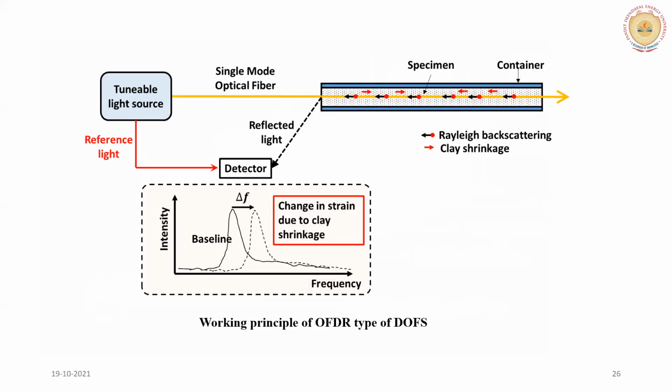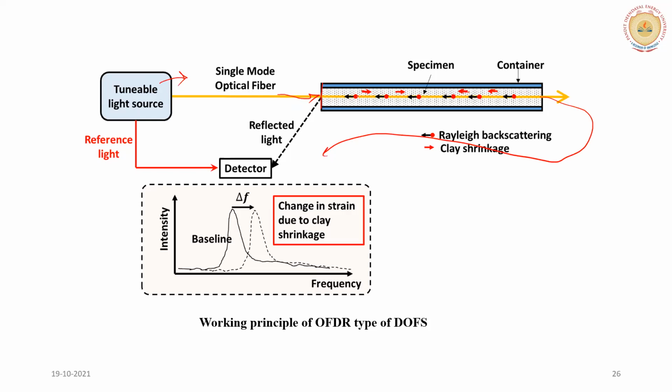So if you want to see schematically again what is happening, for example, this is our specimen, right? Just imagine that these are the small clay particles which are coming closer and closer to each other. And there is an optical fiber which is passing through this, right? This optical fiber is making a loop and it is coming back. Now there is a light source.